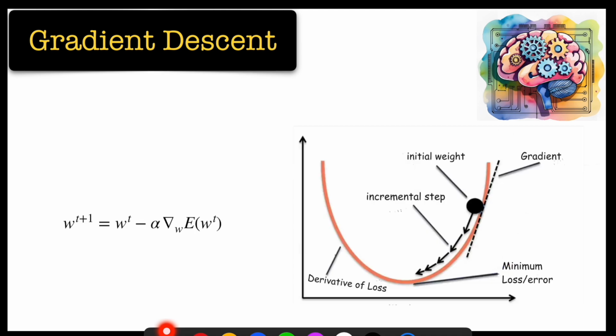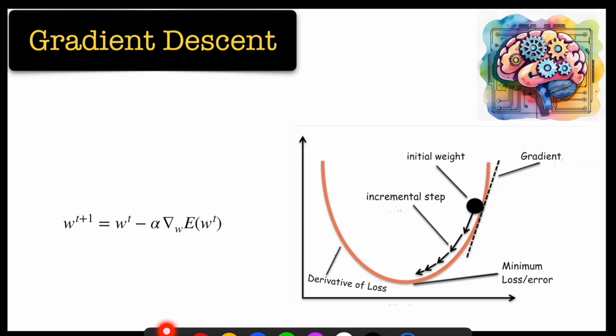So next, let's see here. Let's say we initialize W and with those initial weights we get some loss. So that is here. This is the gradient here and this is the minimum loss or error.